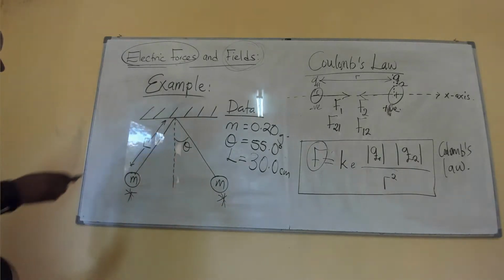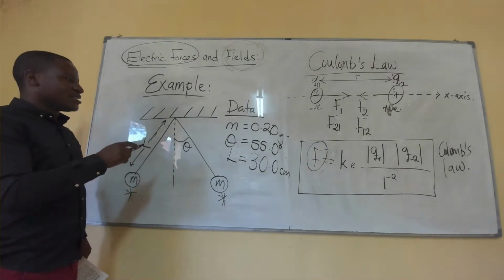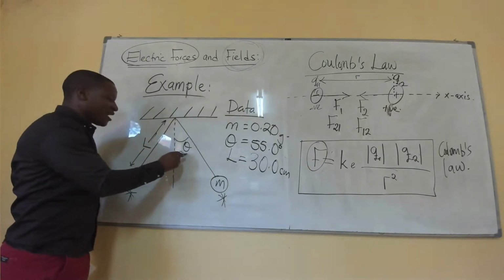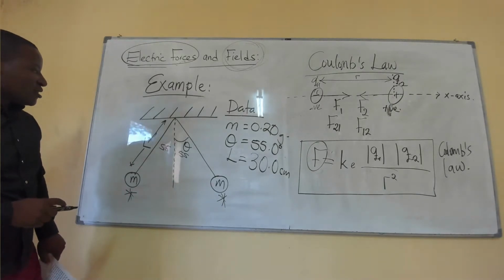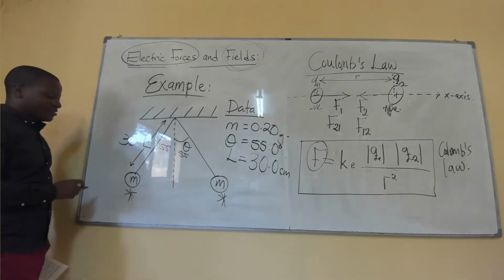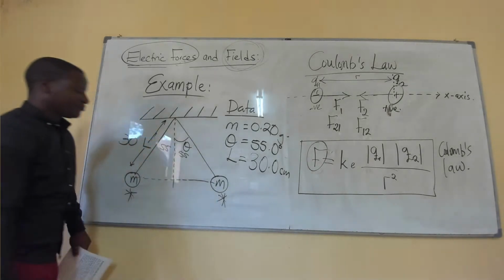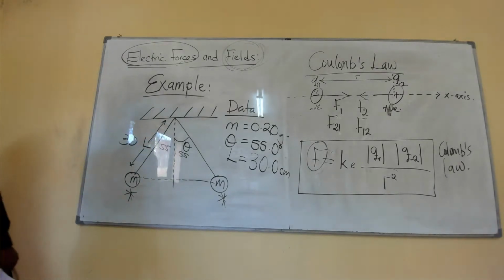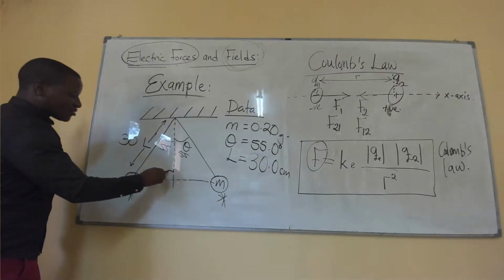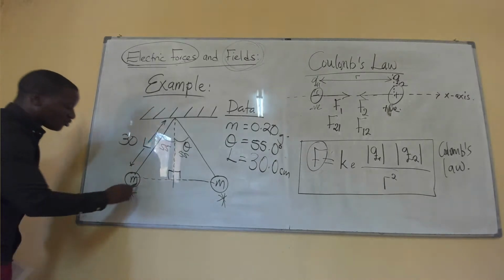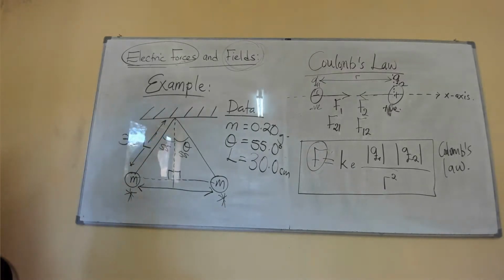Okay, so from here, as a sharp student, you know that this is 55, this is another 55, right? Then you have this as 30, so you actually put a line here. So that is 55, this is 30, then this is of course 90, and this is 90 degrees. So you need to find this. That is what you need to find.